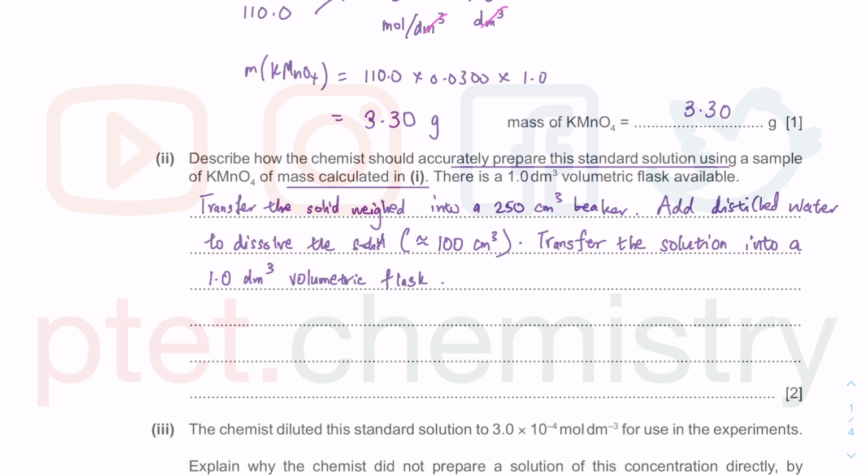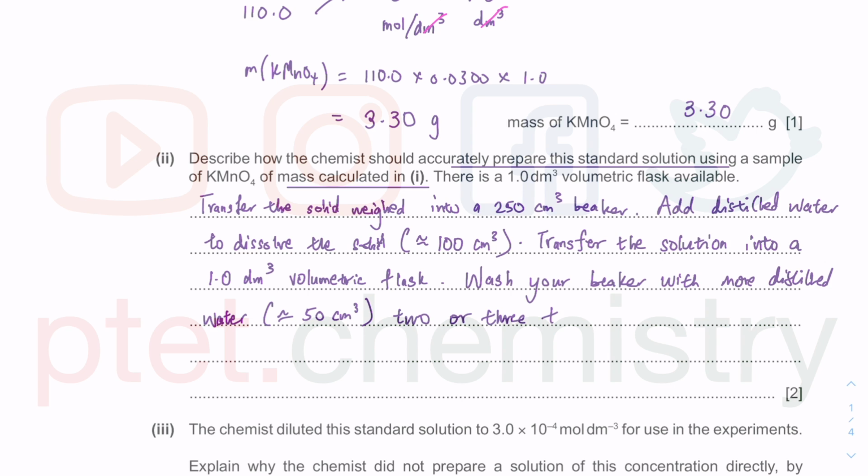And then what is very important is you must wash your beaker. What I mean by wash is not just with tap water, but wash it with more distilled water, because you might have a little bit of that solid left in there. Give or take, use 50 cm3, 2 or 3 times separately.